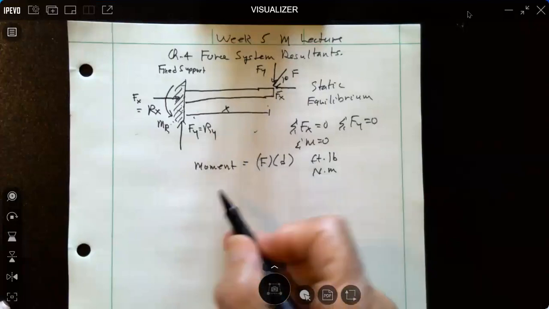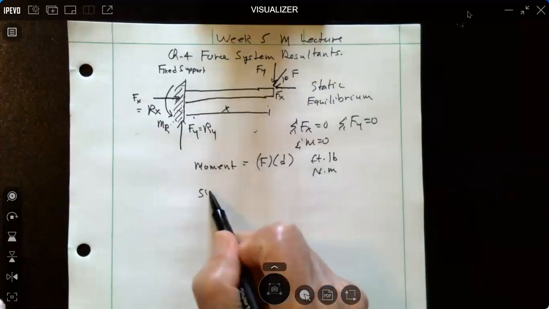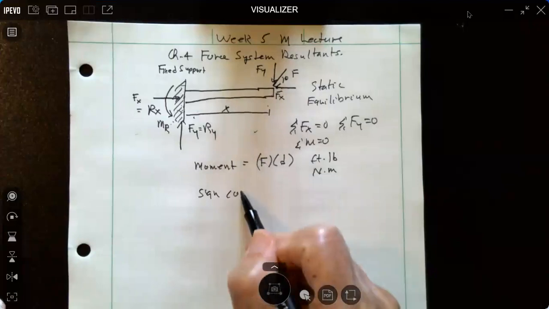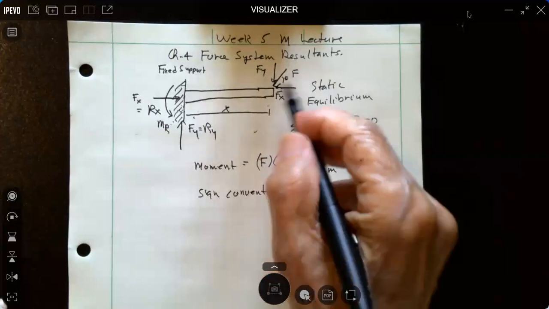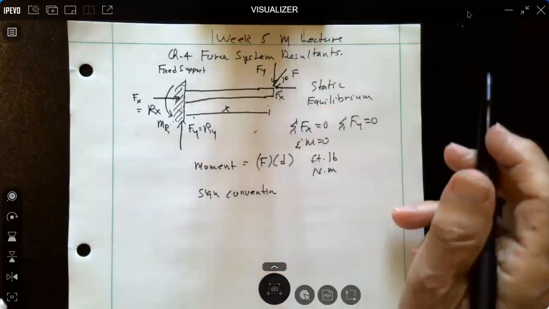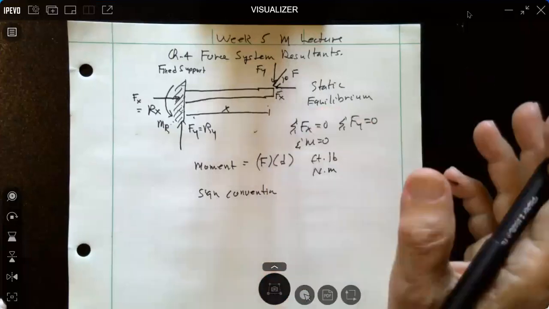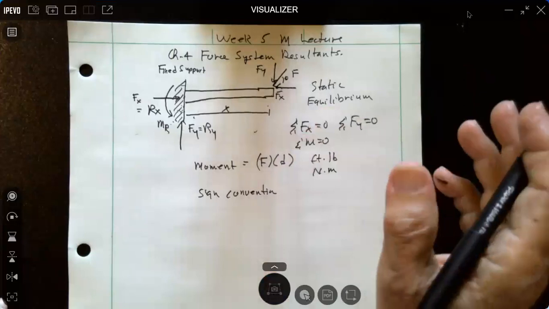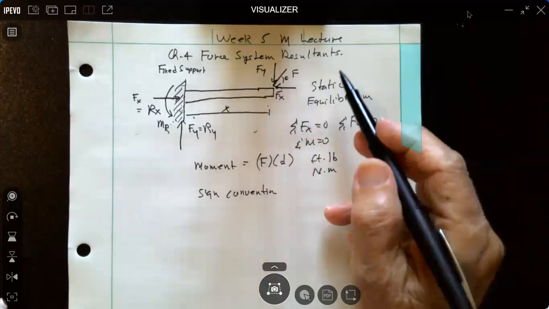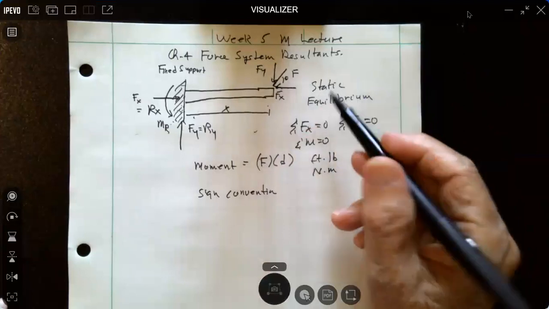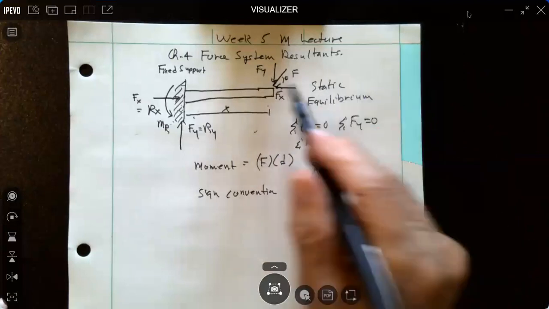We have to have a sign convention, as we do for x and y forces. To be able to add and subtract, we have a plus force and a negative force in the x direction. We have forces in the y direction, either plus or minus, depending upon where you're at in your axis system.